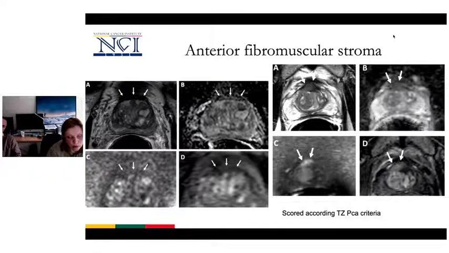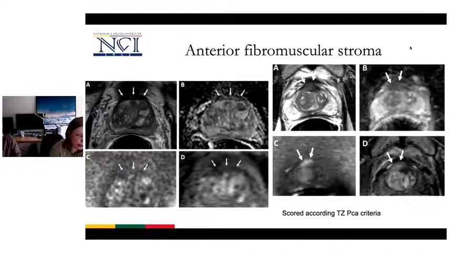So we get help from contrast enhanced sequences, because sometimes we can have diffusion restriction in these because of high cellularity, but contrast enhancement definitely says that something is wrong with this zone.